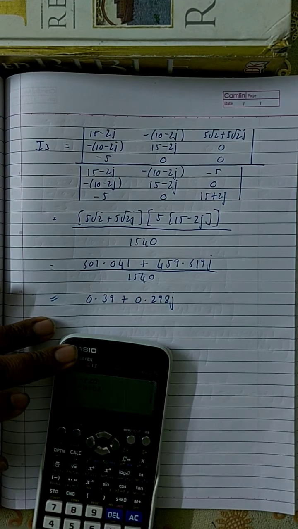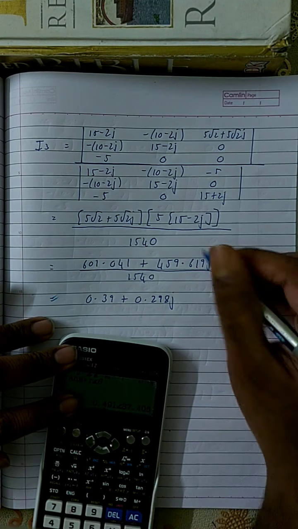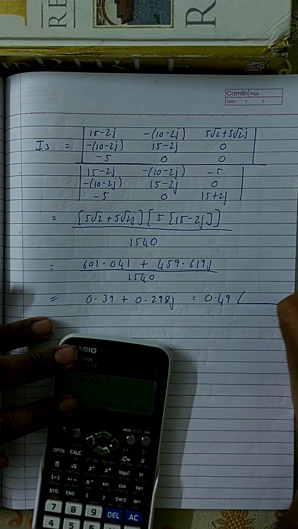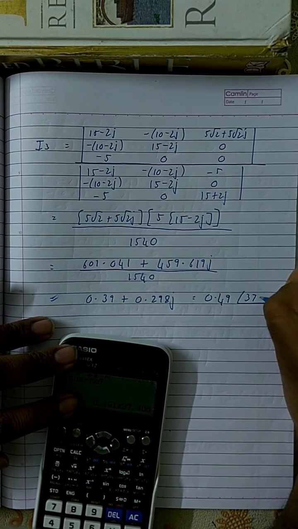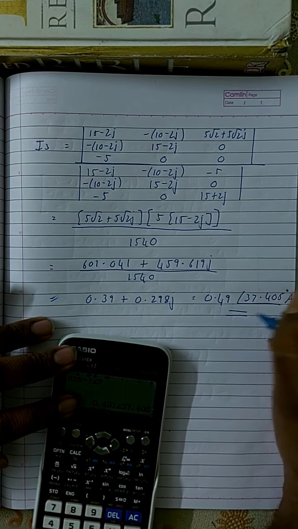Converted to polar form, you get the answer as 0.49 angle 37.405 degrees amperes. This is the value of I3.